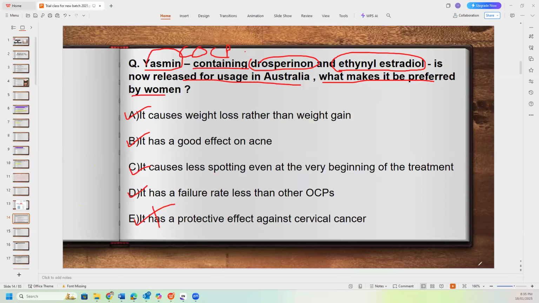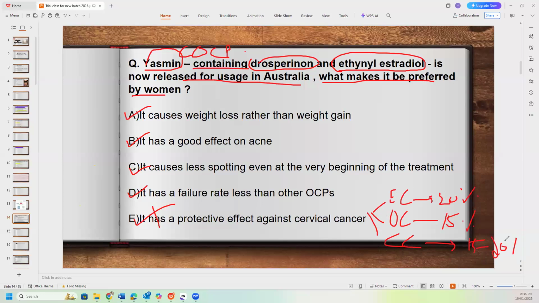Ovarian cancer protective effect is about 15%, and colorectal cancer about 15 to 20%.